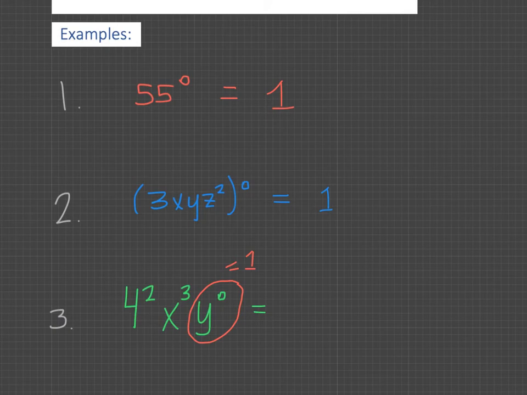So 4 squared, we can evaluate that, that's 16. And the x cubed, the x with the exponent of 3, that stays as x to the 3rd. And then that's times a 1 from the y to the 0, but we don't really need to include that. So it's just 16x cubed.